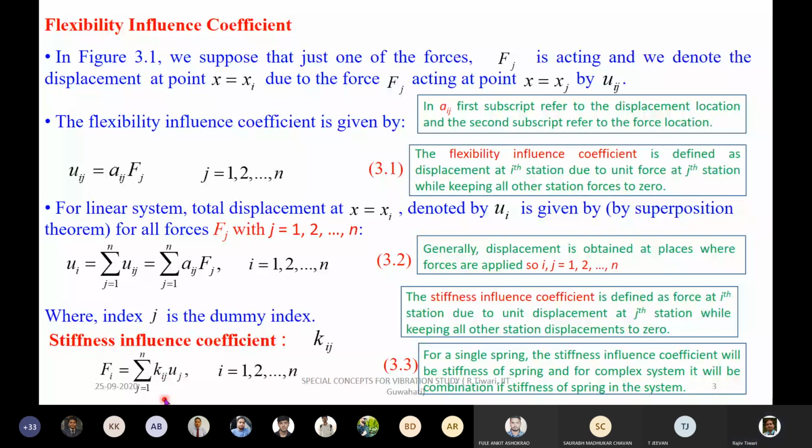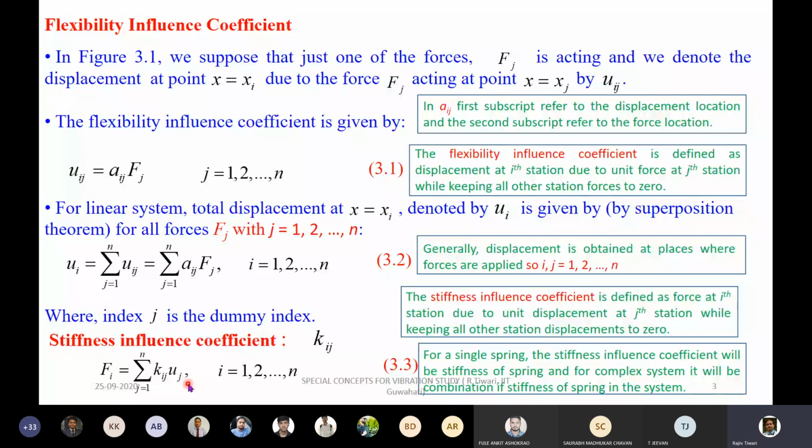In the previous case, in the flexibility influence coefficient, we had the first subscript as the displacement location and the second subscript as the force location. Here, the first subscript is the force location, and the second is the displacement location.